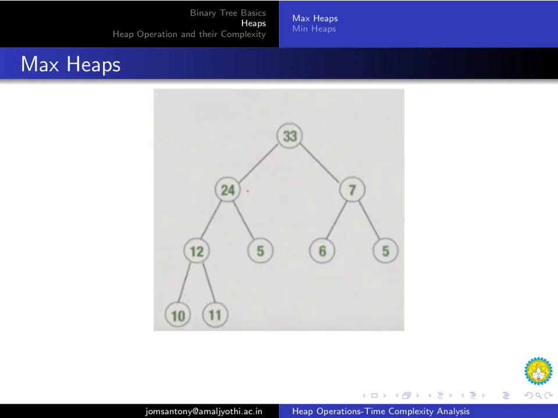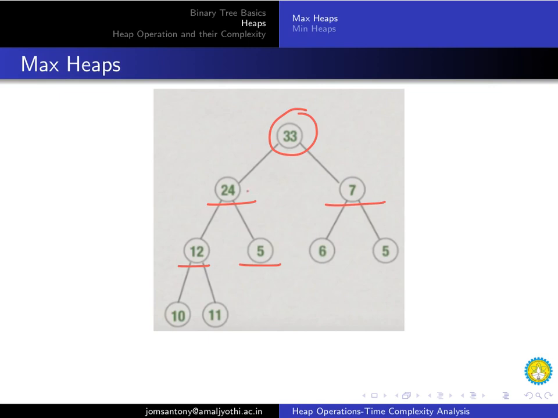Now, this is an example of a max heap. In this tree, the root is 33 and its children are 24 and 7, which are less than 33. And again, the children of 24 are 12 and 5, which are obviously less than 24.